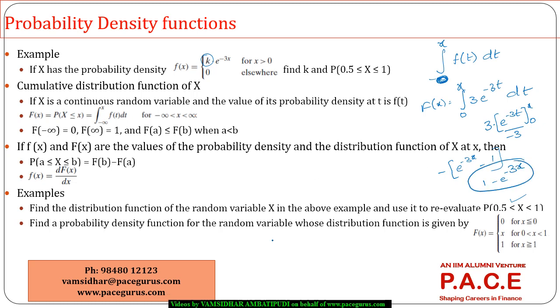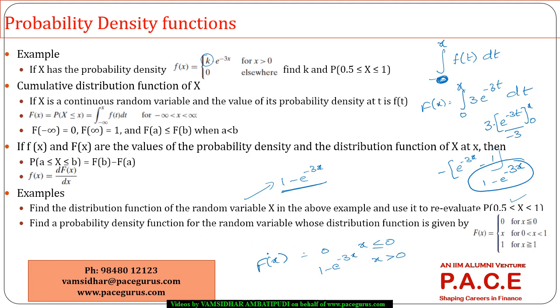So the distribution function in this case is 1 minus e to the power of minus 3x. If I have to write the distribution function, I have to write it for everything. So it is equal to 0 for x less than or equal to 0, and equal to 1 minus e to the power of minus 3x for x greater than 0.